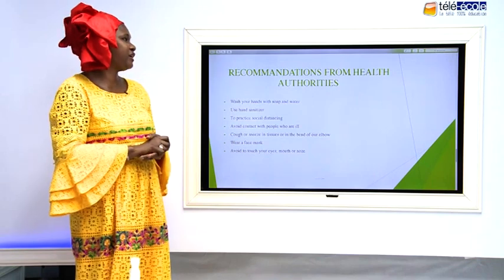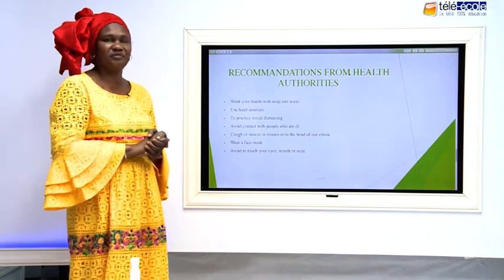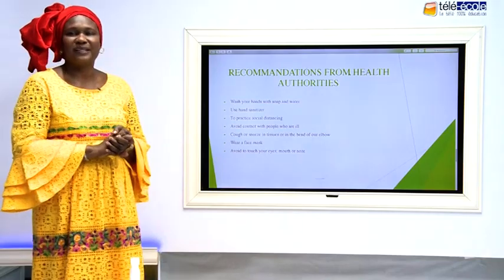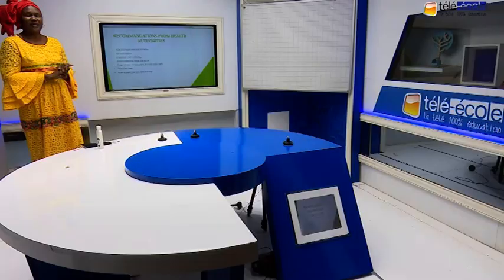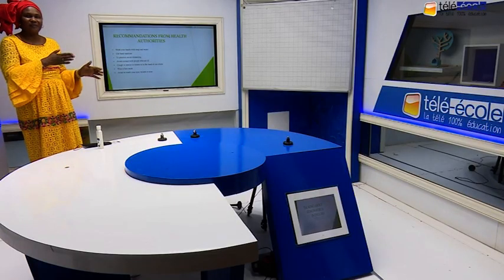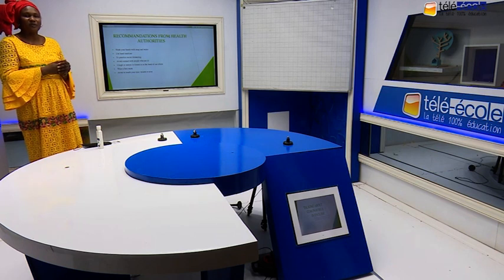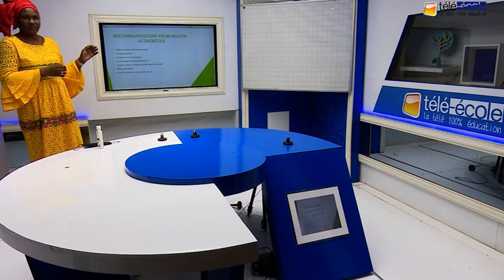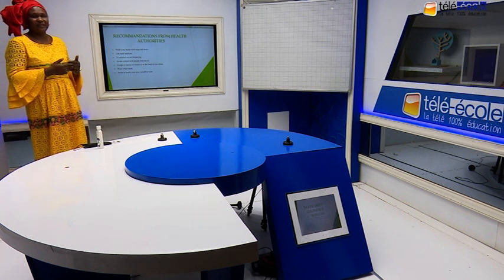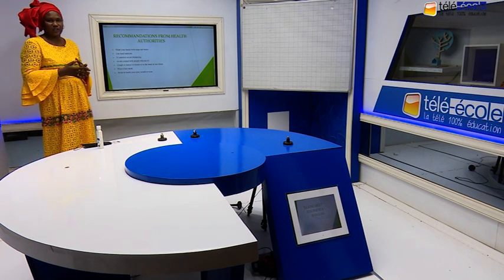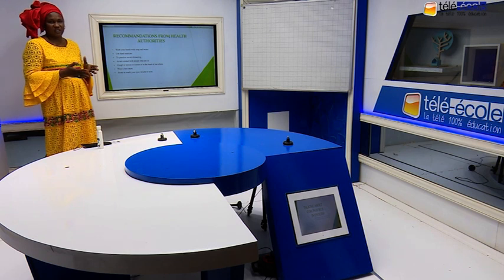Now we have recommendations from health authorities. At the beginning, I was telling you that we are not interested in the medical aspect because this is the job of health officers. We are interested in the language as English teachers.